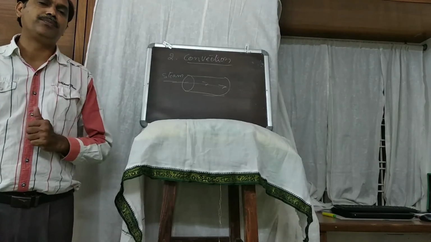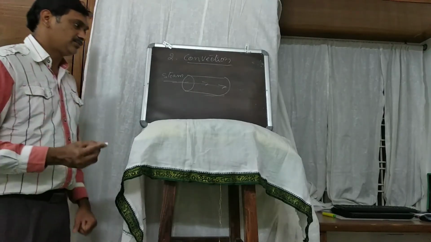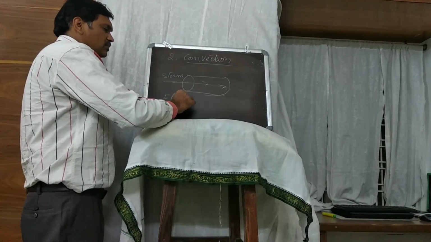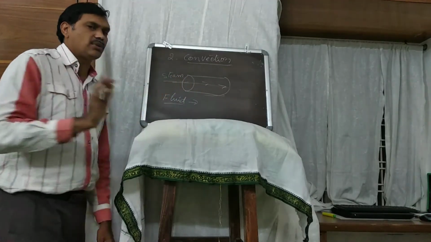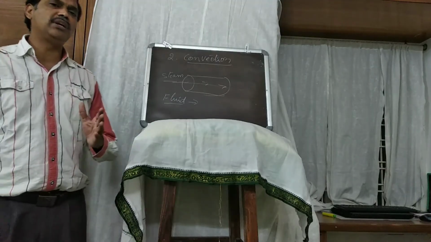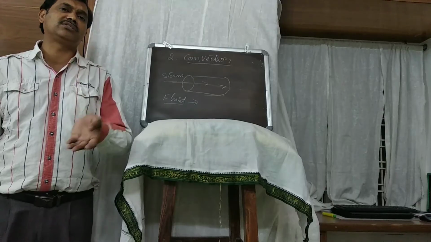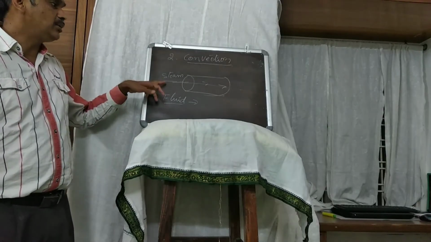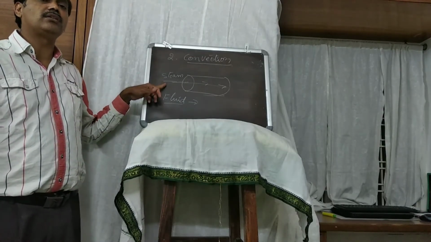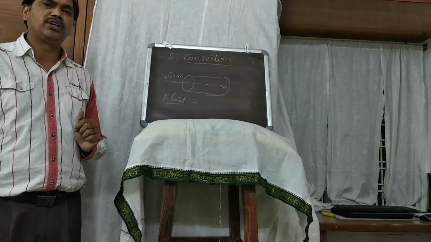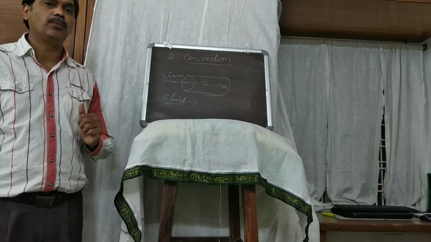Now we will discuss. Fluid. First of all, what is fluid? Fluid means that may be either liquid or gas. Here steam is one fluid. Or hot water is flowing inside the tube.